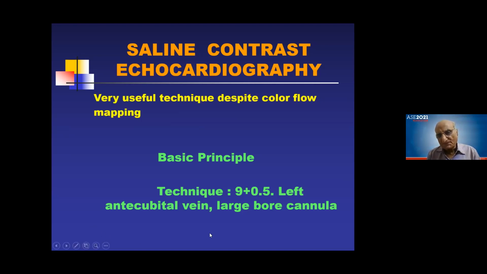Because sometimes if you have to demonstrate a left SVC going to the coronary sinus, of course we have to use the left arm. So we preferably use the left arm, and we push the glucose saline from one syringe to another, back and forth, so that it becomes slightly milky white and well mixed with air, and then you inject it into a vein.